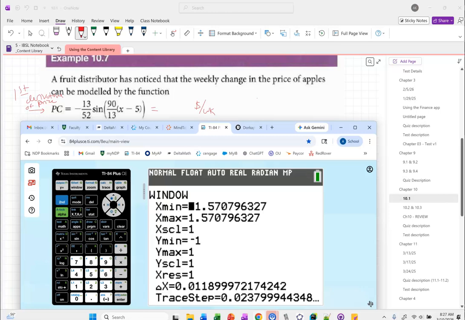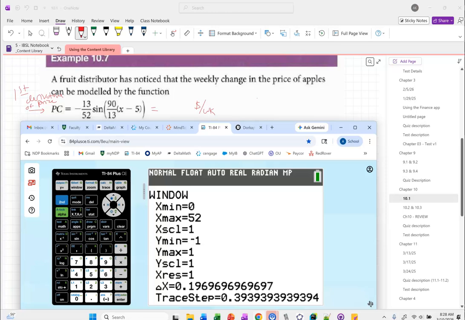Now, what would be an appropriate window to use on this? It says x is the number of weeks from the start of the year. Zero to 52 sounds excellent. Why 52? That's such a strange number, Marin. Because there's 52 weeks in the year. Oh, yeah. Duh, right?